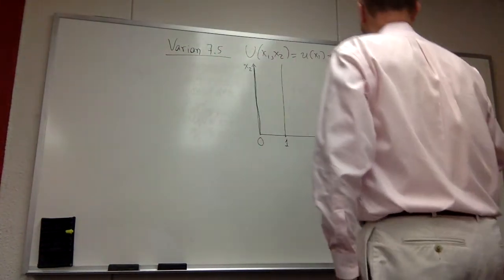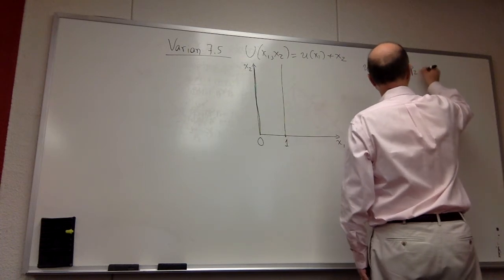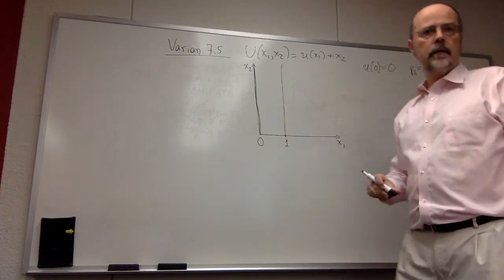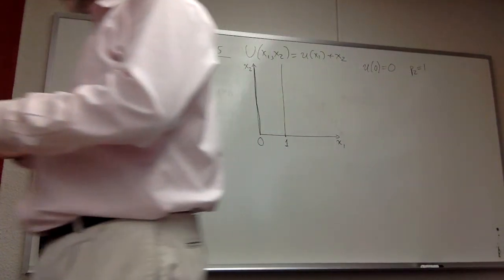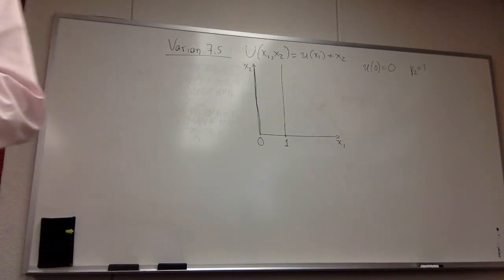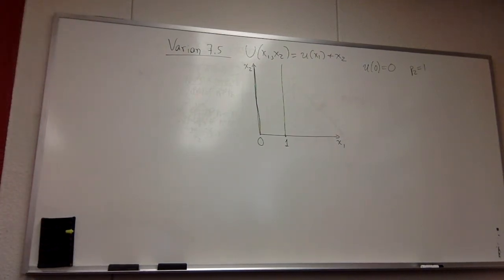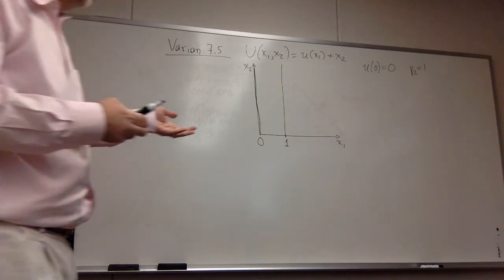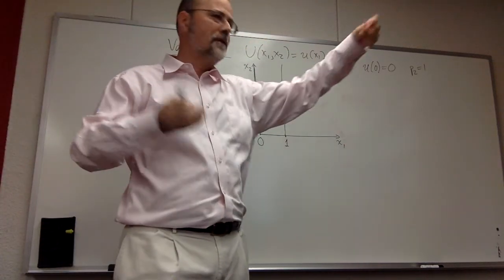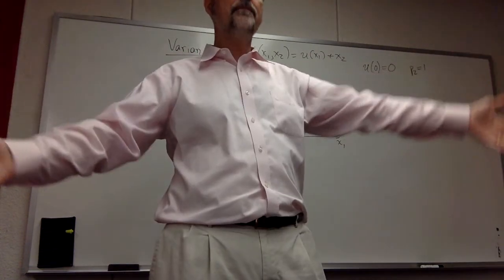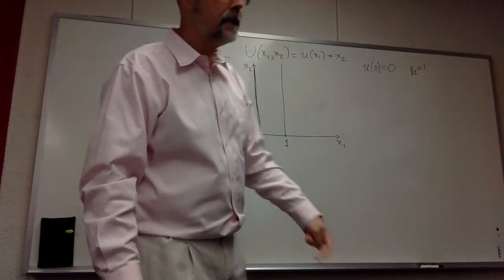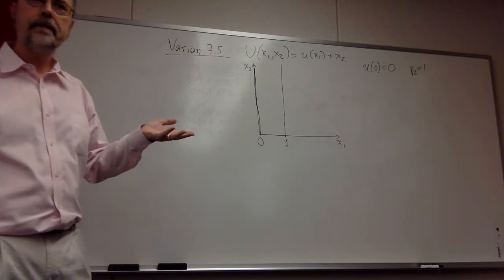And let us assume that the price of good 2 is just 1. You may have heard the expression, we're taking good 2 as a numeraire commodity. Okay? If not, change the units that you measure x2 so it is actually coming at the price of 1. So that's kind of trivial. It's not a big deal as an assumption.